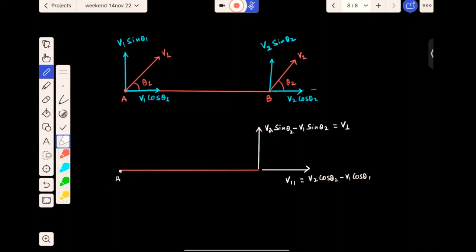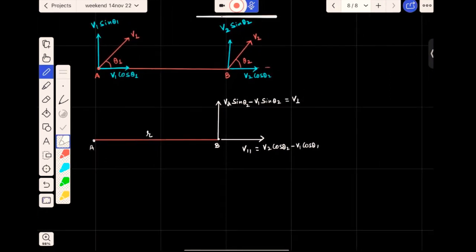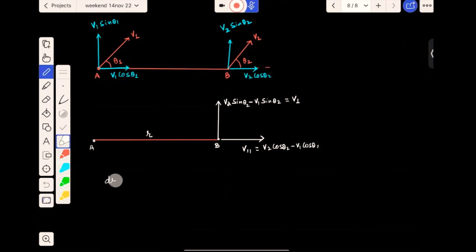Now, at any point of time, suppose the separation between A and B is R. So what exactly will be the rate of change of R? That will be dR by dt, which is equal to V2 cos theta 2 minus V1 cos theta 1. And I will write that as V parallel relative. You get that, no?